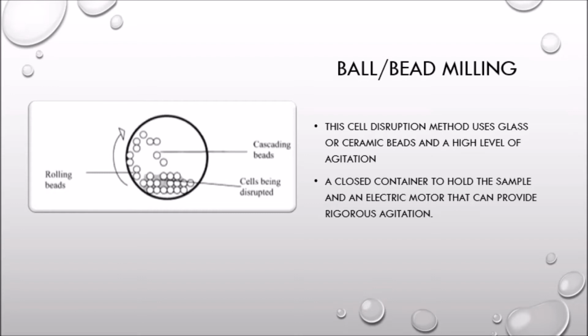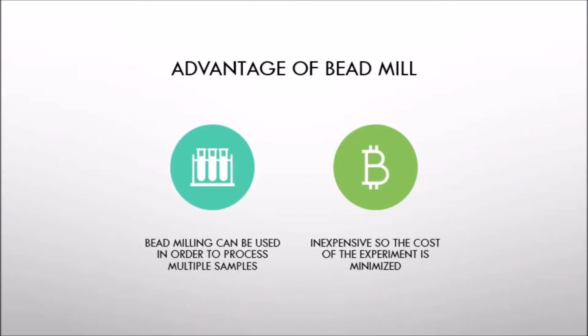This requires a closed container to hold the sample and an electric motor that can provide rigorous agitation. The factors taken into consideration are the efficiency and the cost of the method, since bead milling can process multiple samples and is also inexpensive.